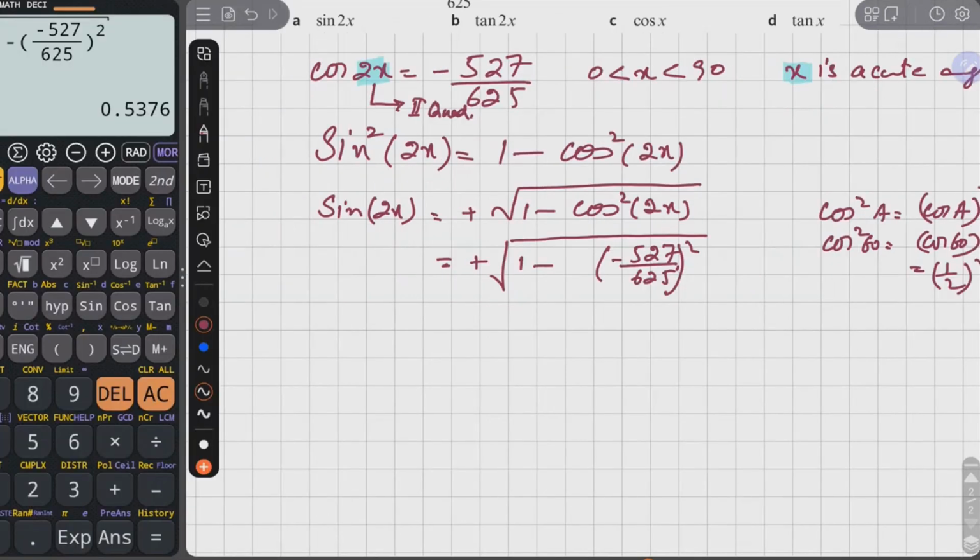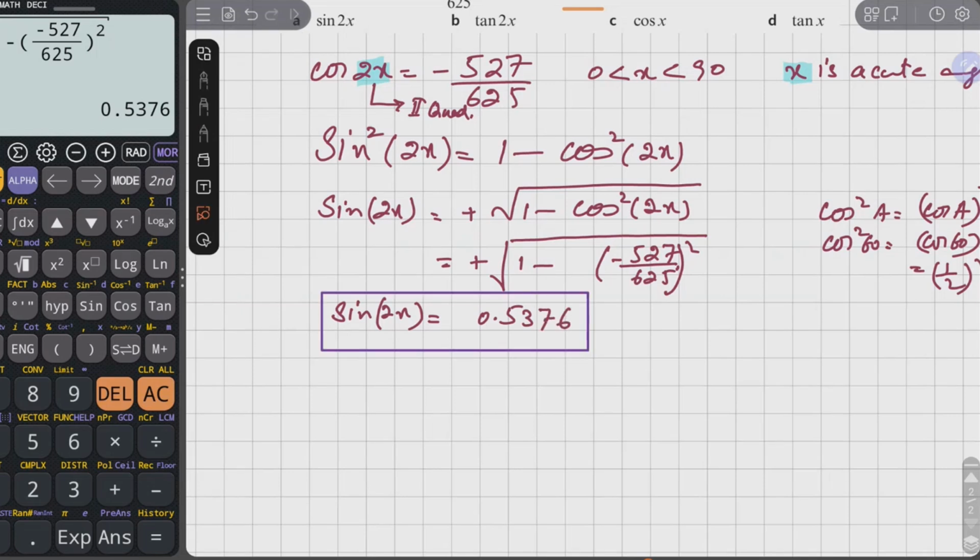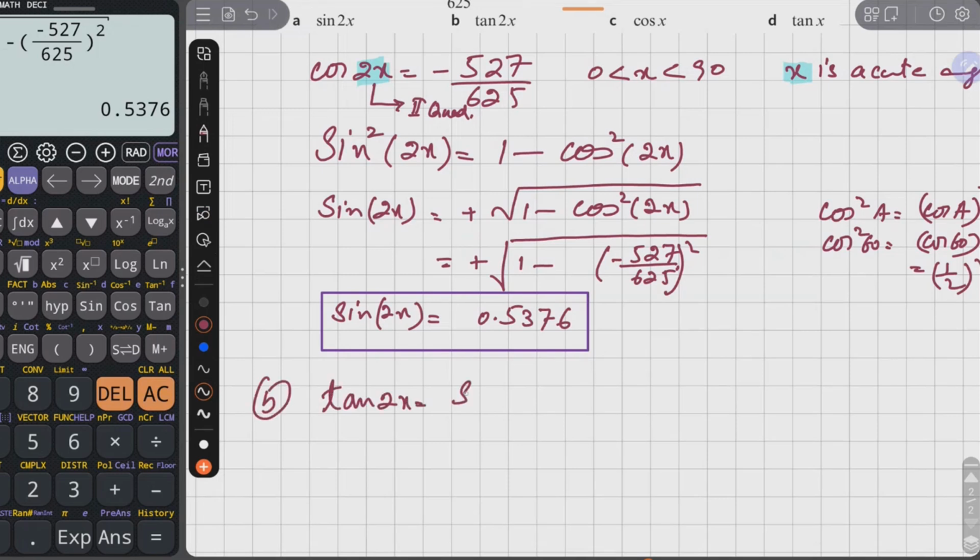ये लीजिए, ये इसका आंसर आ रहा है कि साइन ऑफ 2x इज इक्वल टू 0.5376। ये एक आंसर आ गया। अब हम आते हैं tan 2x के ऊपर। बी पार्ट, tan 2x मीन साइन ऑफ 2x ओवर cos of 2x.